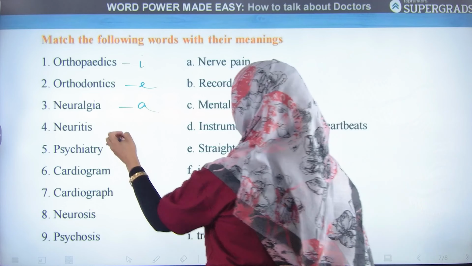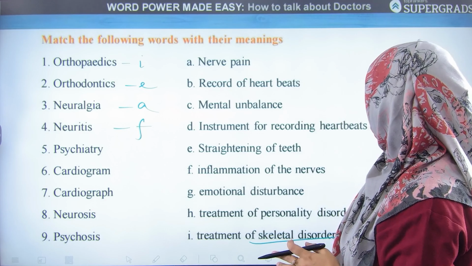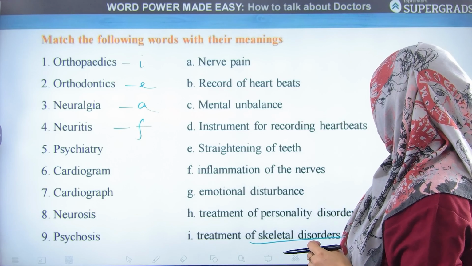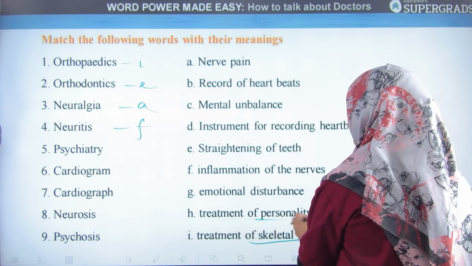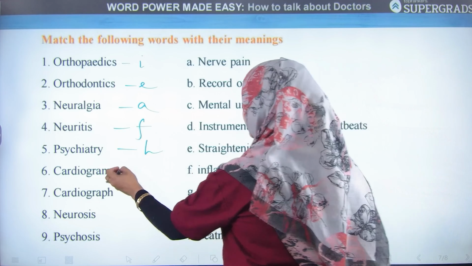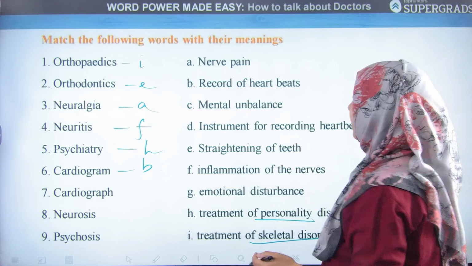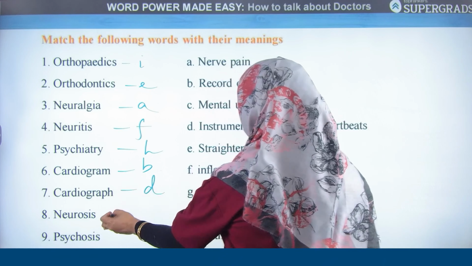Here it is, F. Psychiatry, we all know that already. Treatment of personality disorders would be, of course, psychiatry. Cardiogram. Cardiogram is a record of heartbeats, B. Cardiograph is an instrument for recording heartbeats, D.